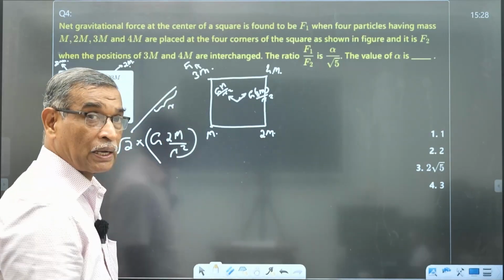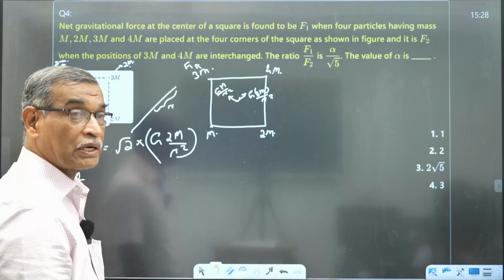And the angle between them is again 90. Therefore, we have to find the resultant of that too.